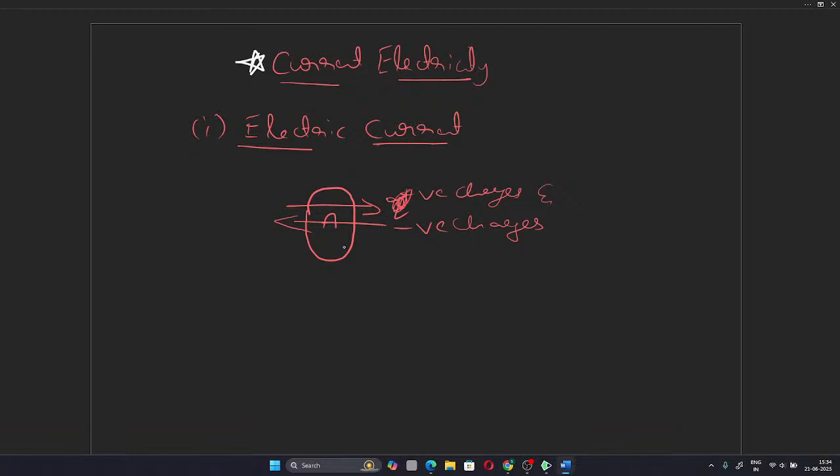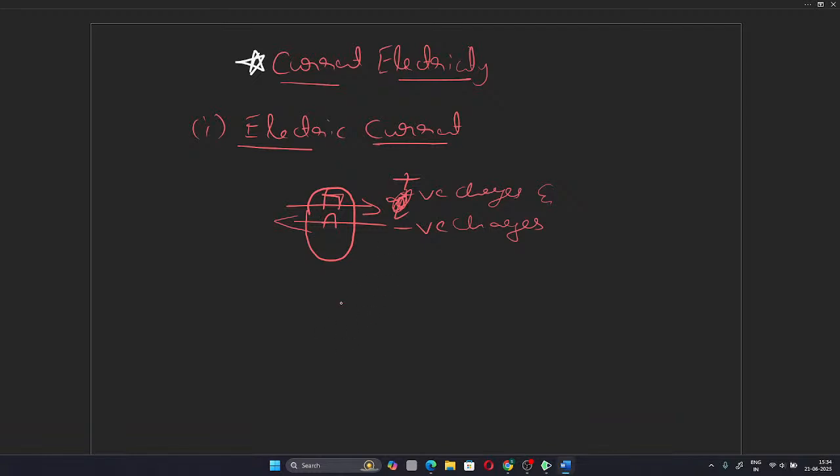Let's assume this is an area and charges are moving. Both positive and negative charges are moving in both directions normally to the cross-sectional area.